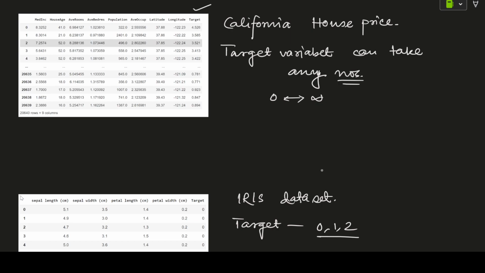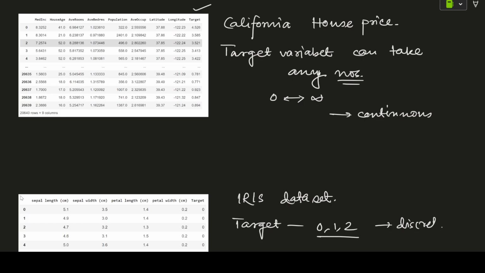But here it only takes 0, 1, 2. So it is continuous, but this is discrete.